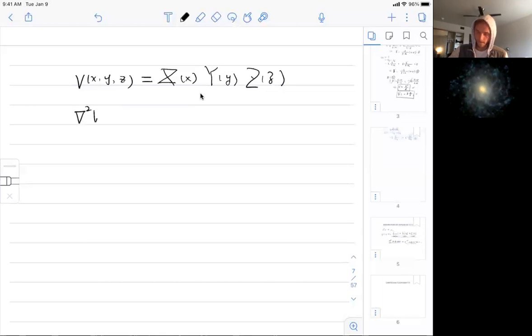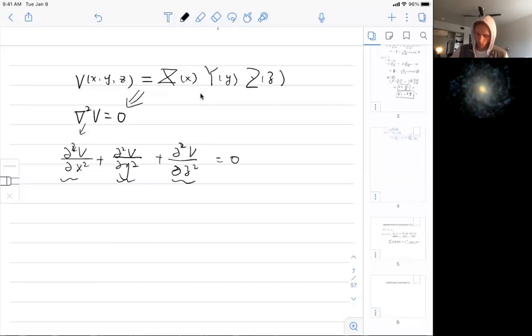This has to satisfy the Laplace equation, so you can plug that in. The second derivative of V with respect to x, plus the second derivative with respect to y, plus the second derivative with respect to z, equals 0. So let's work on them one by one.